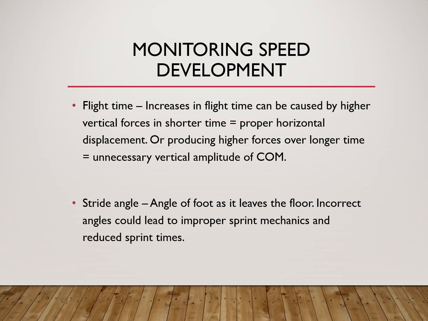So aside from just measuring sprint time, we can also look at some different metrics to analyze how speed development is going and try to highlight where the main issues are in someone's ability to either accelerate or to reach a greater maximal velocity.